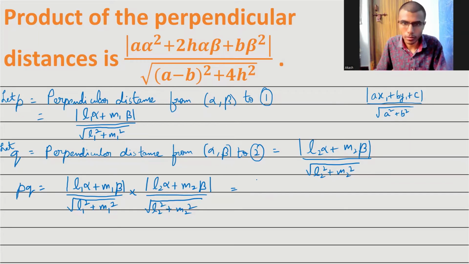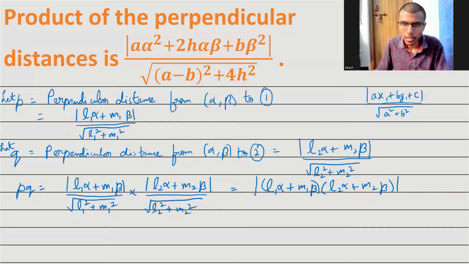Now see the way I'm going to do it. First I'm going to multiply the numerators. Like first I'm going to show how it's going to come. L1 alpha plus M1 beta, I'm going to bring both of them in one mod into L2 alpha plus M2 beta, because modulus of A into modulus of B is nothing but modulus of AB.